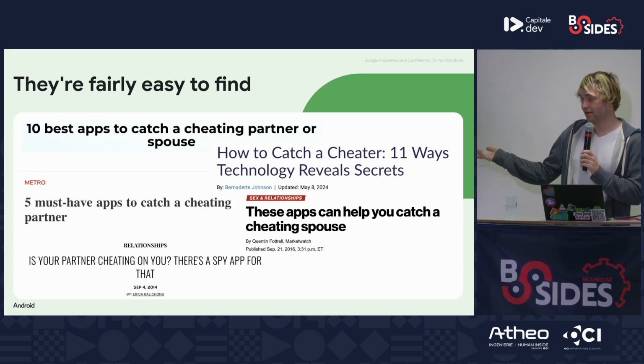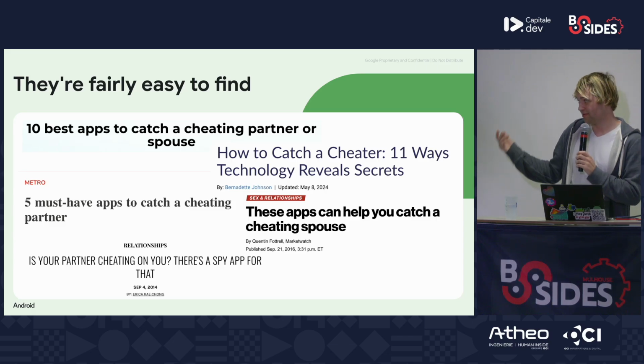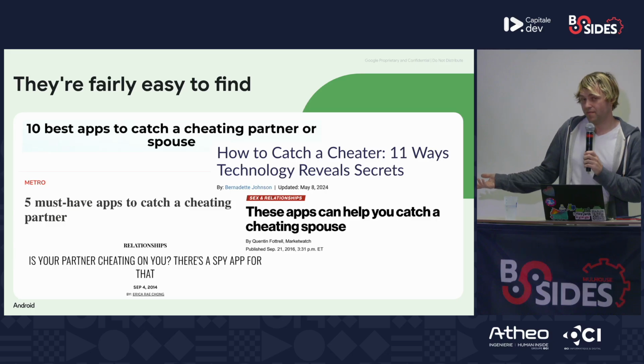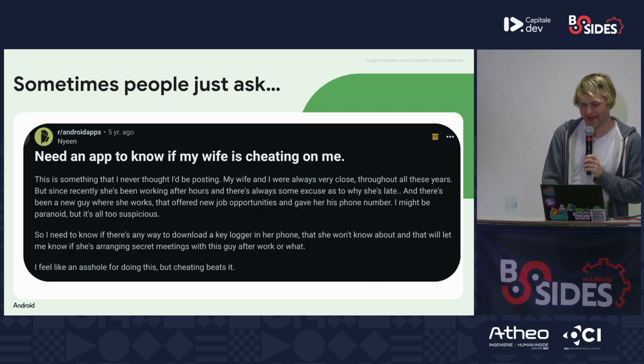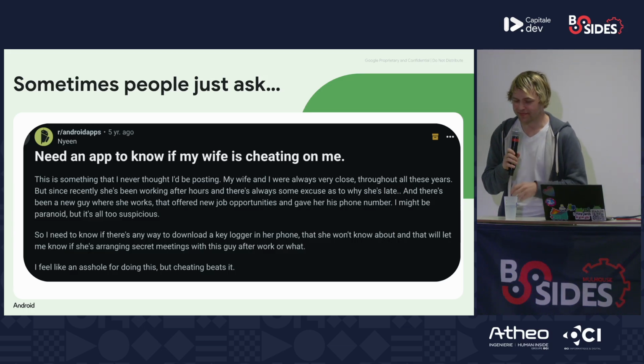Sometimes these are marketing copies from whatever the Stalkerware app is, but sometimes they seem to be legitimate articles when someone actually went and researched 5 must-have apps to catch a cheating partner. It's just sad.